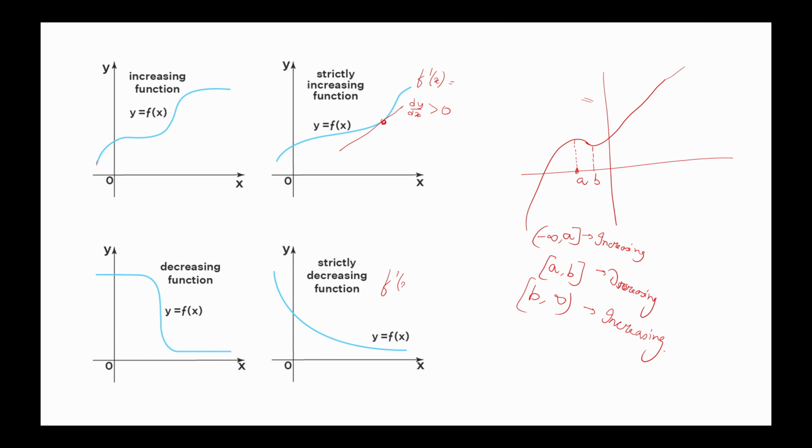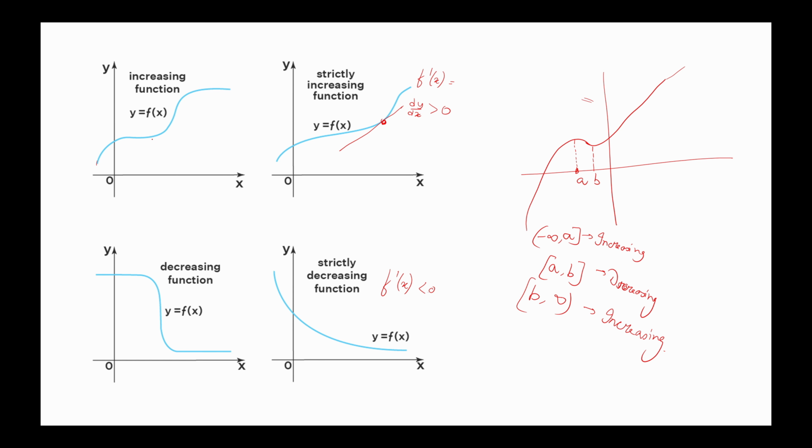So here my f dash x would always be less than 0, because if I take the slope at any point in this curve, the tan theta of this is going to be more than 90 degrees and less than pi, so it is going to be negative always. So for strictly decreasing, f dash x would always be less than 0.